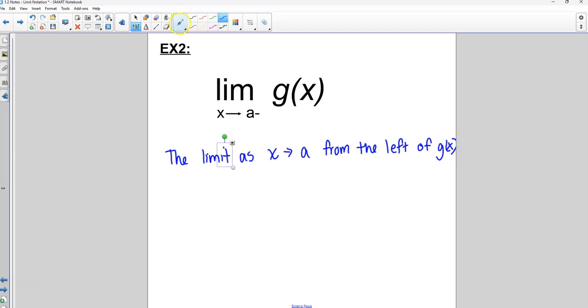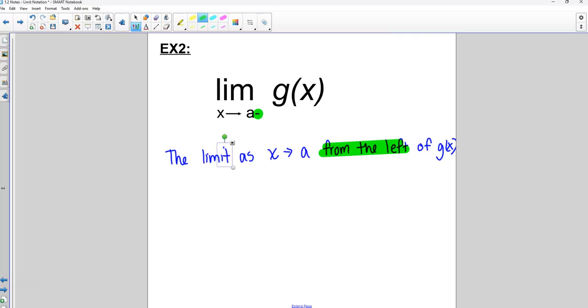That little bitty negative right there is where we get that we're only coming from the left side. So if we see positives or negatives behind the number, that tells us left or right.